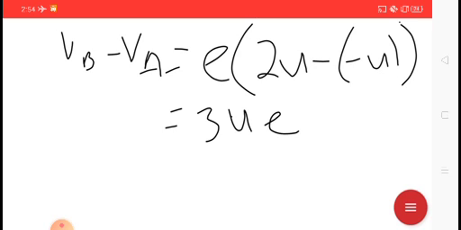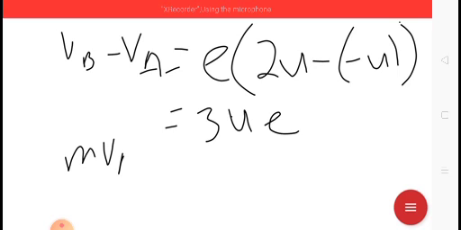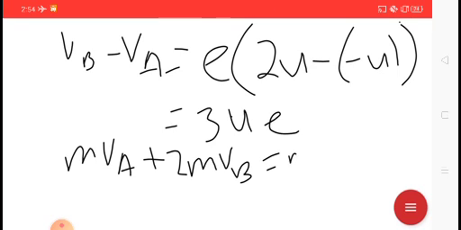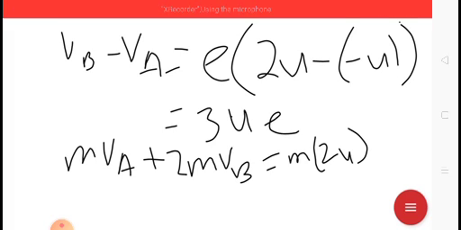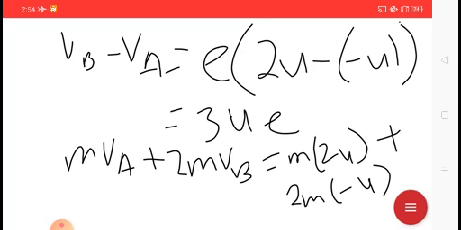Second equation, conservation of momentum: mVA plus 2mVB equals m times 2u plus 2m times negative u.